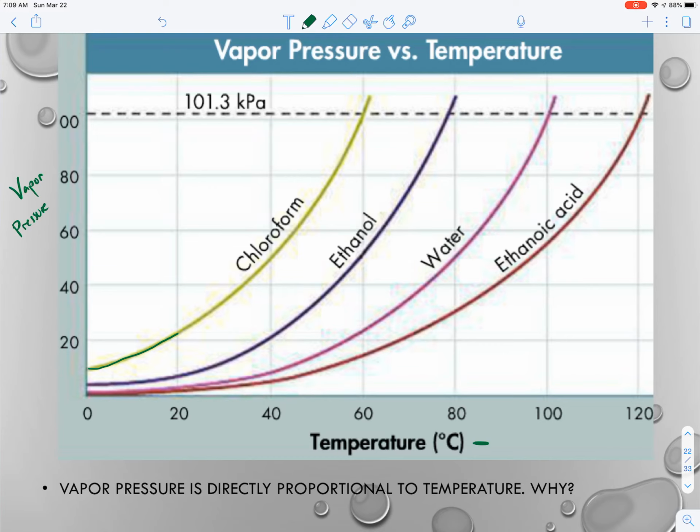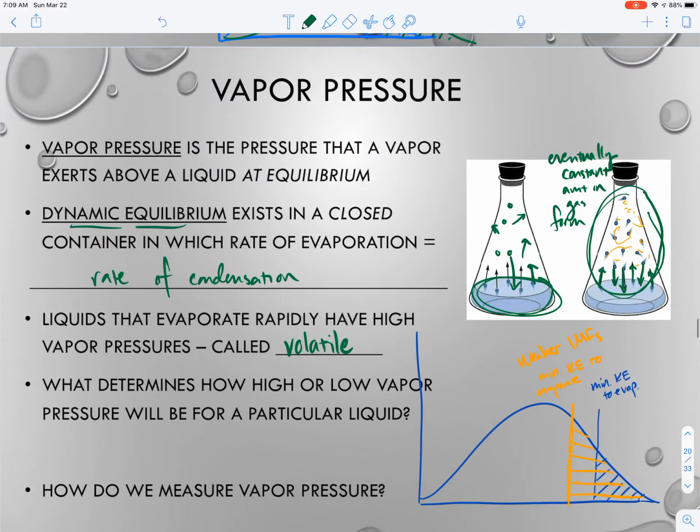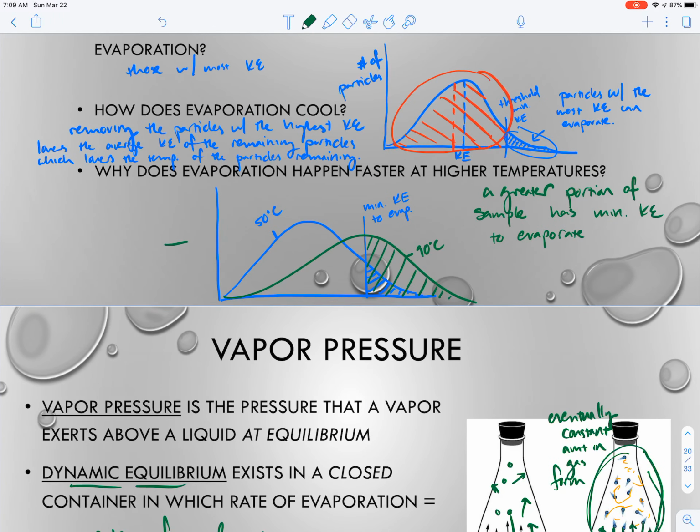So for example, at 20 degrees Celsius, chloroform would have a vapor pressure of about 23, and the units would be kPa. Okay, and then as it gets warmer, its vapor pressure increases. So the reason for that is this graph.